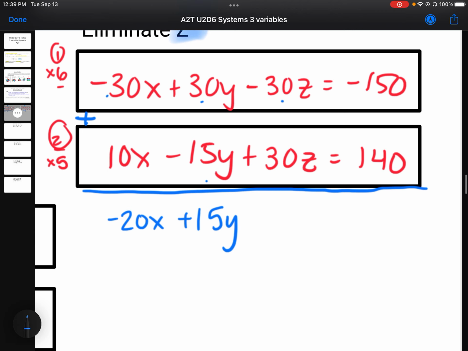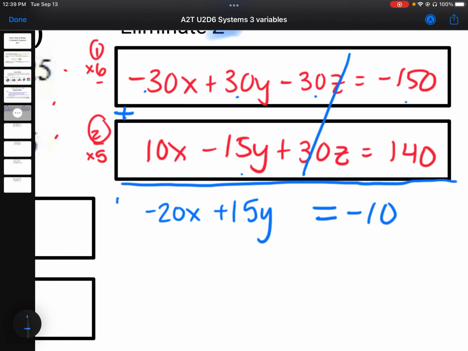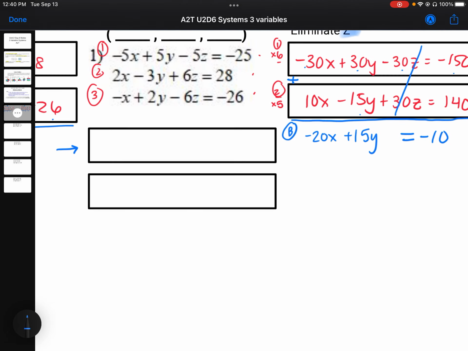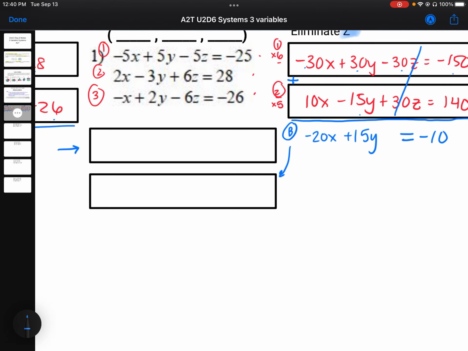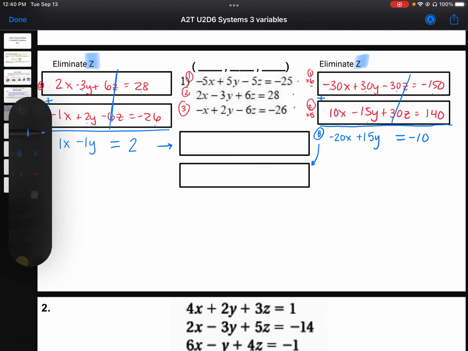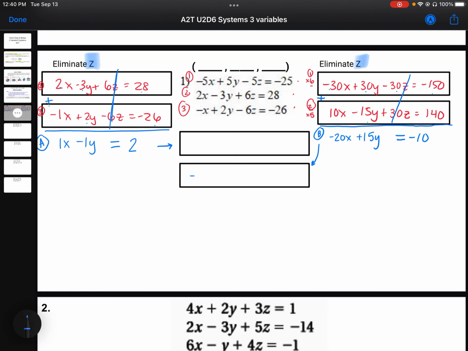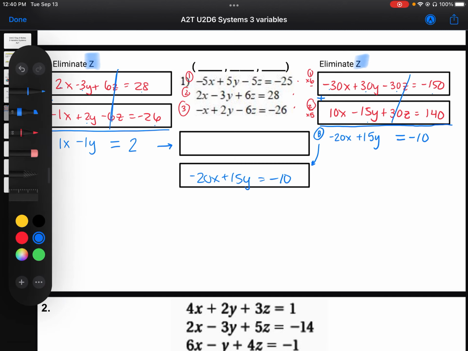Negative 30 plus 30 is 0 equals negative 150 plus 140 is negative 10. I'm going to call this equation B. So B is going to go in here for me. This is just a graphic organizer. This is not something that you have to use every time. For our first example, it could be helpful to kind of organize our work for us.